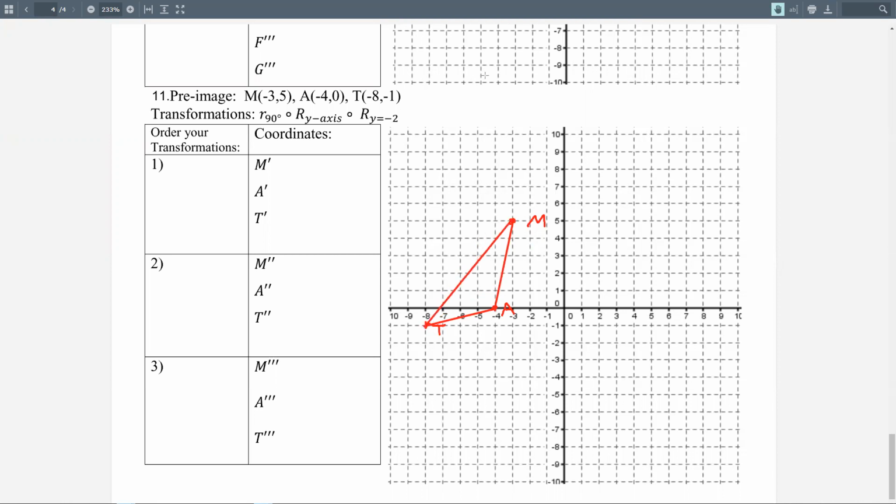Okay, we need to reflect across the line y equals -2 first. So here's the line y equals -2. Right, so T is 1 above, T prime should be 1 below. A is 2 above, A prime should be 2 below.